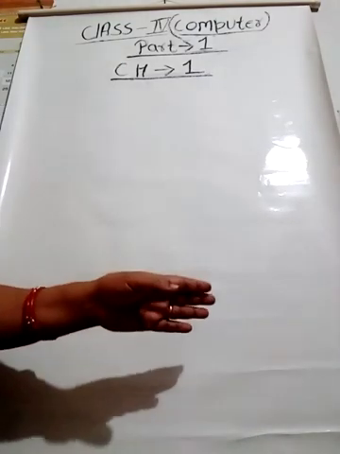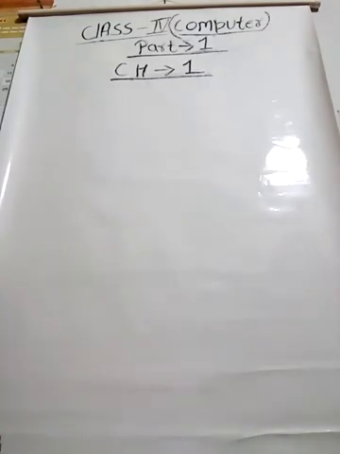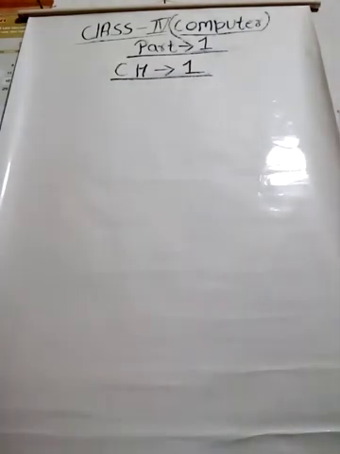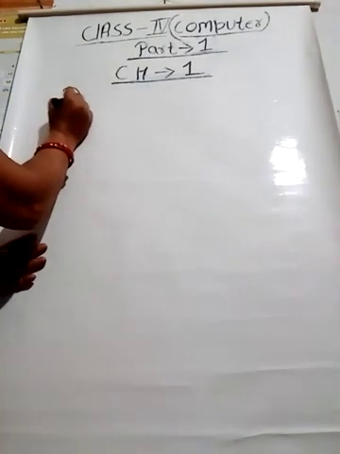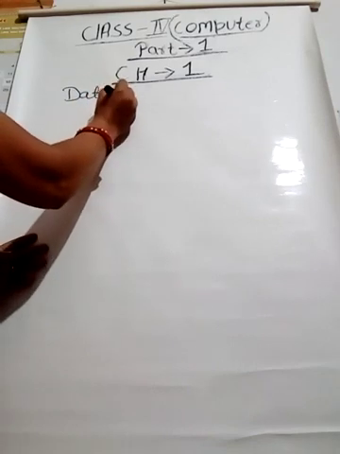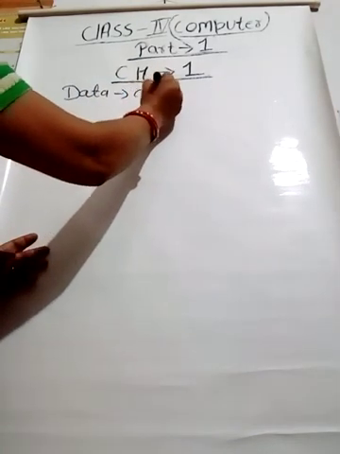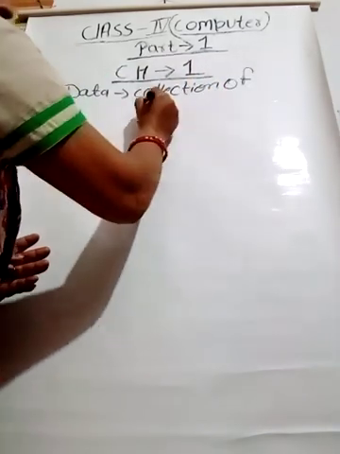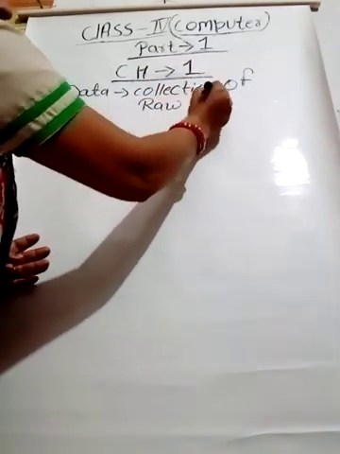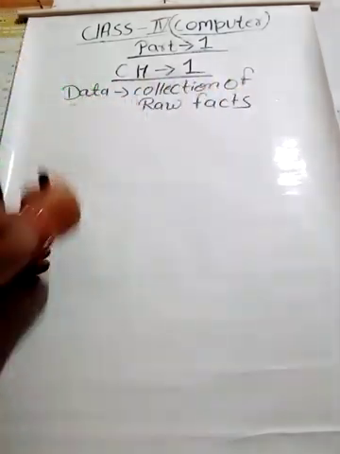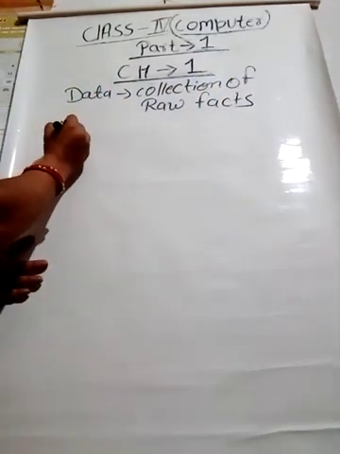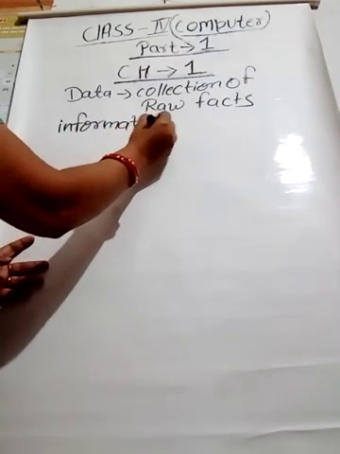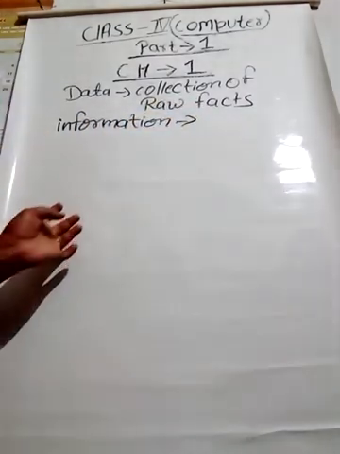Now what is data and what is information? Data is a collection of raw facts. What is information?